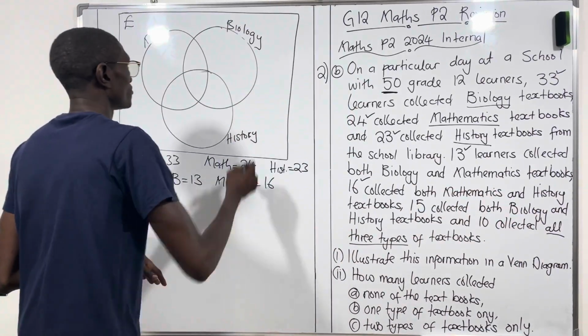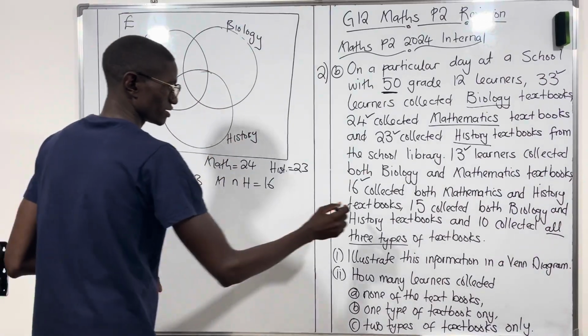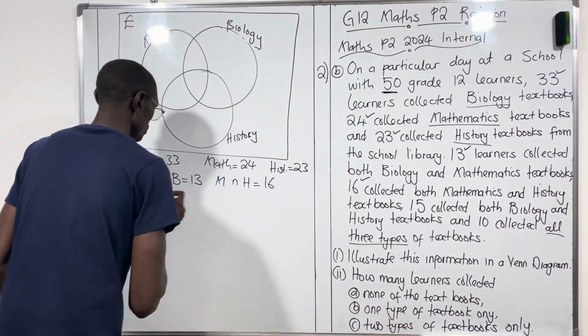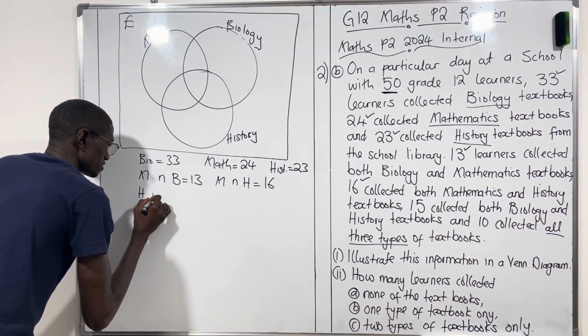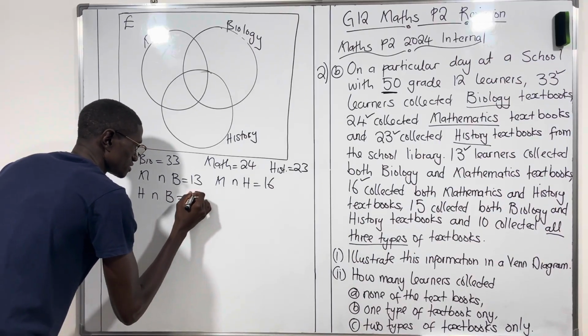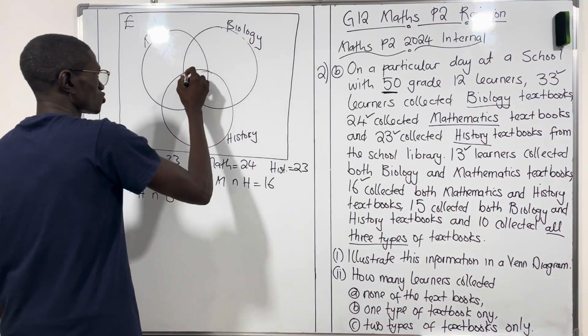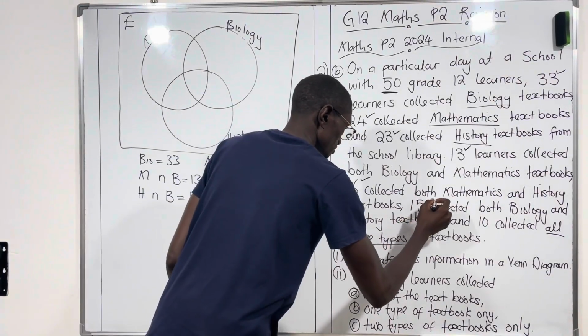The intersection of biology and history, this intersection here. How many are there? 15. So history intersection B is equal to 15, meaning the total of this segment should be 15. We've taken note of the 15.